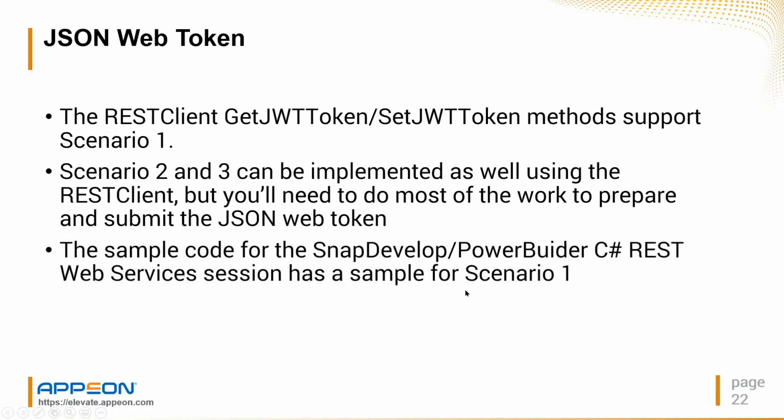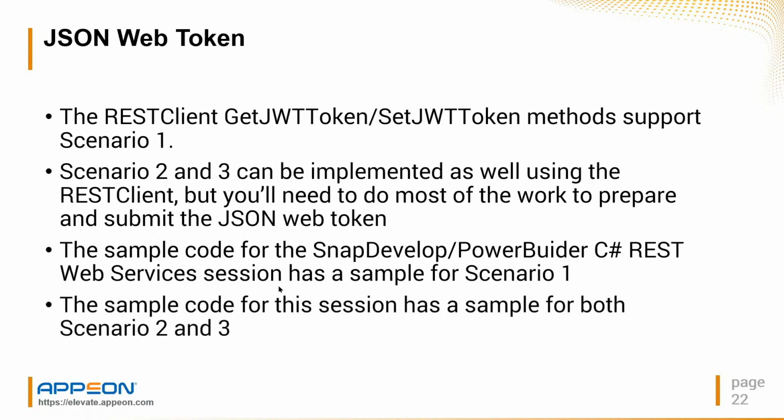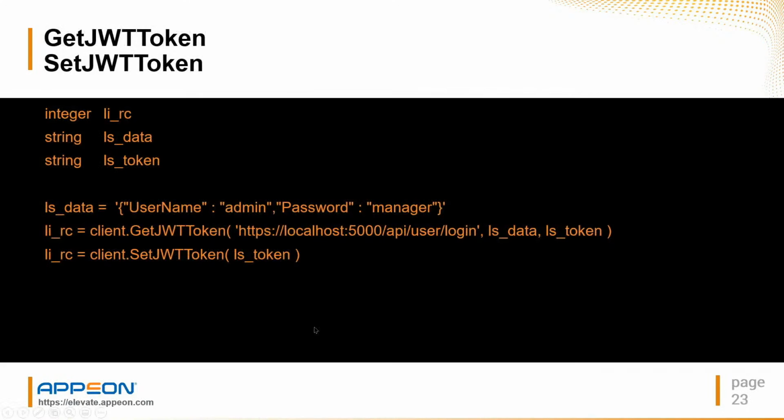And if you're doing it with SnapDevelop, the sample code that I've got for SnapDevelop shows you how to handle the token request and send back the bearer token. And like I said, I've got examples for scenario 2 and scenario 3 as well.